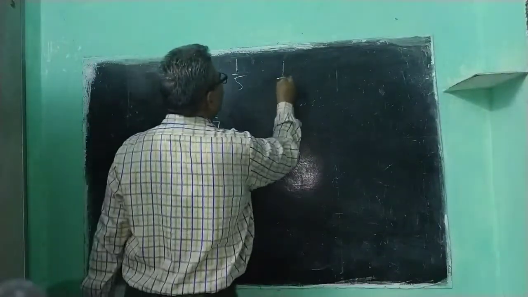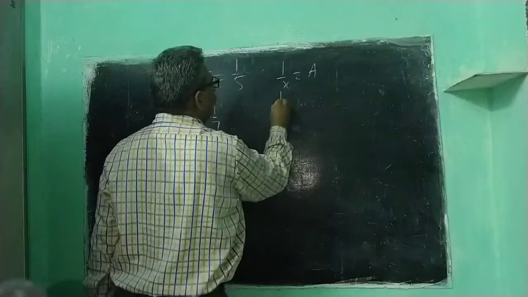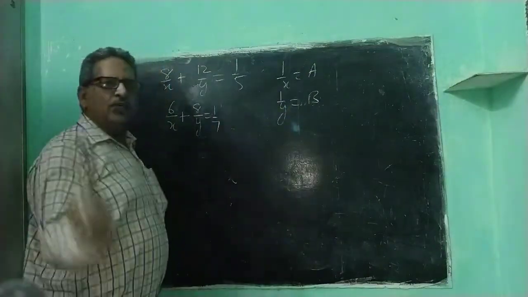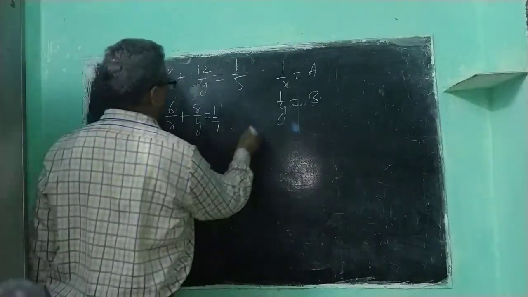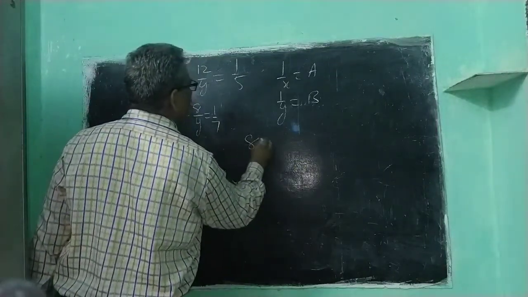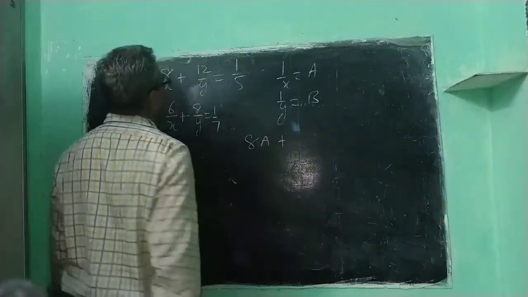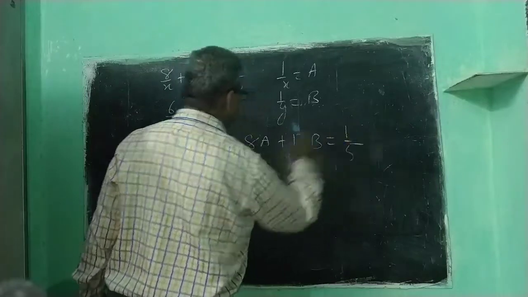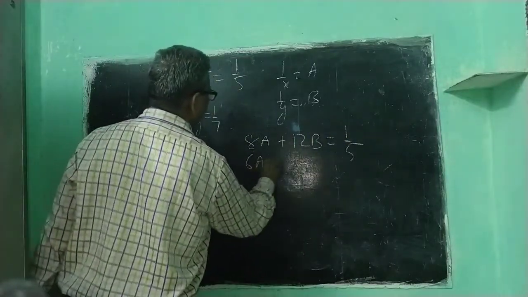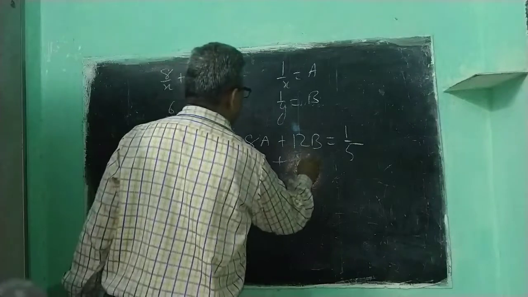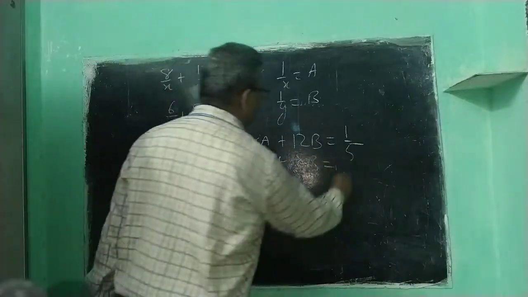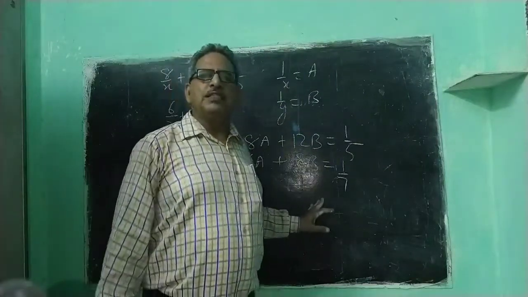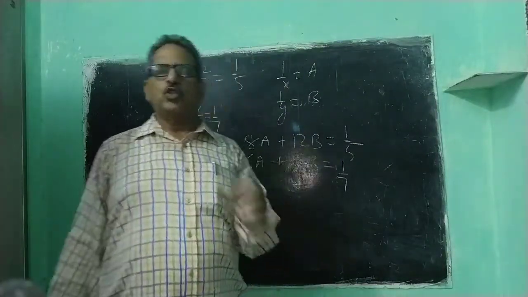Let, beta, 1 upon x equal to a, 1 upon y is equal to b. So then the equations become 8a plus 12b equal to 1 upon 5, 6a plus 8b equal to 1 upon 7. Now this is a simple equation, as we have solved so many, beta.